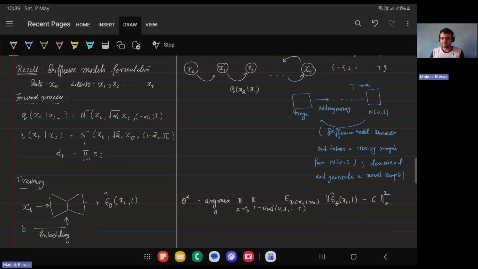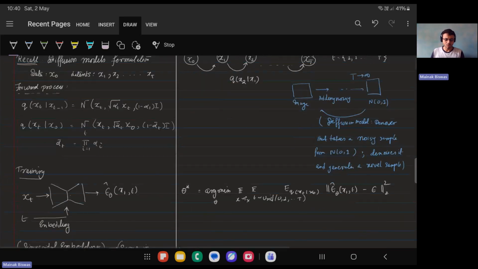We were seeing that in the diffusion model, during the forward process, we keep adding noise in this form, where we get xt from the data by this generative algorithm.